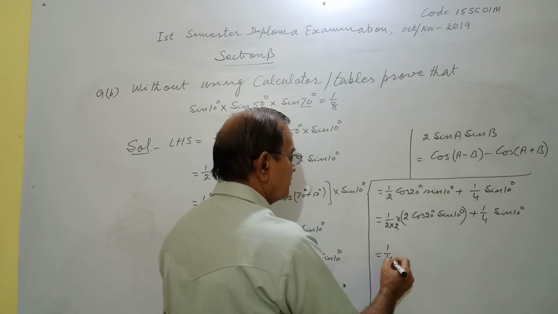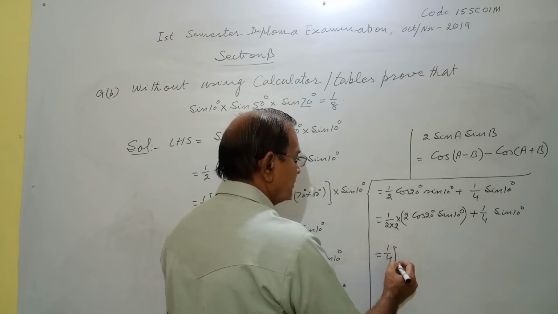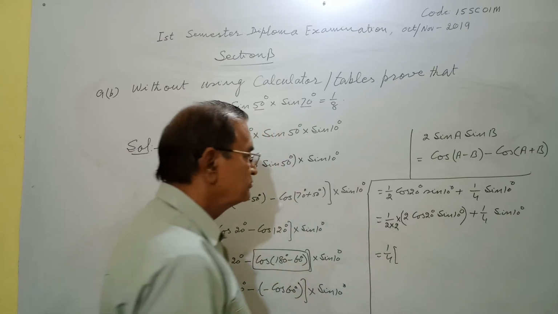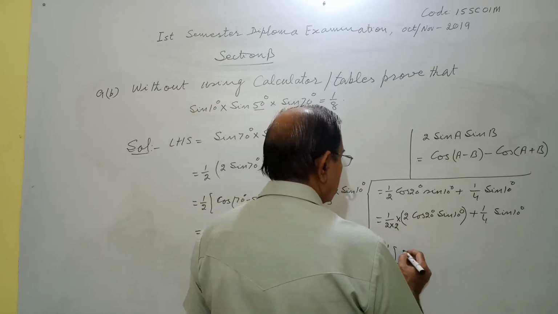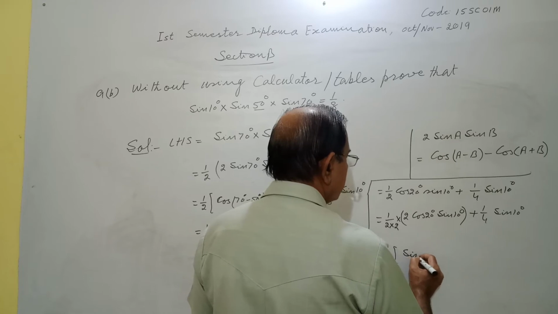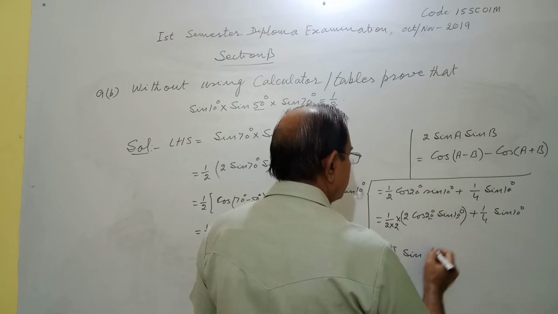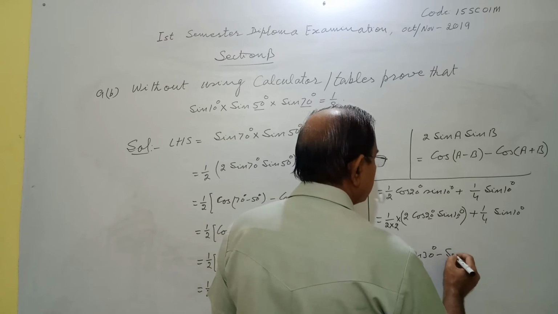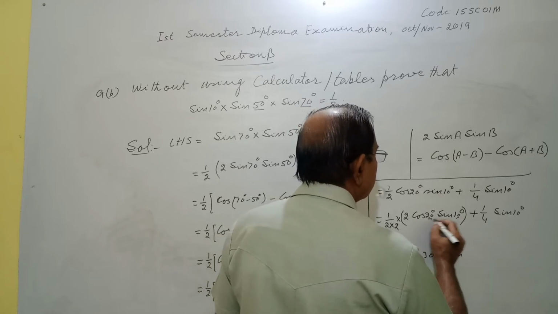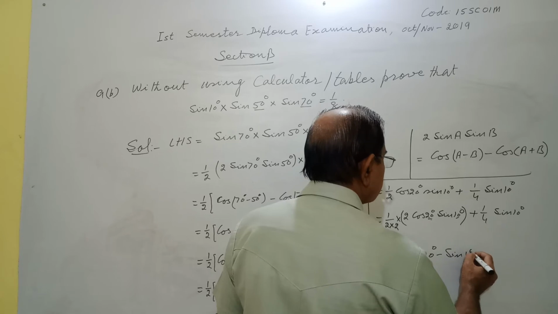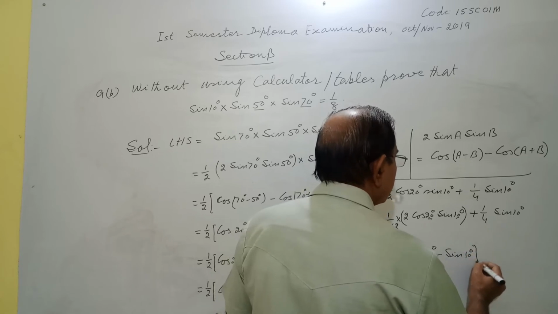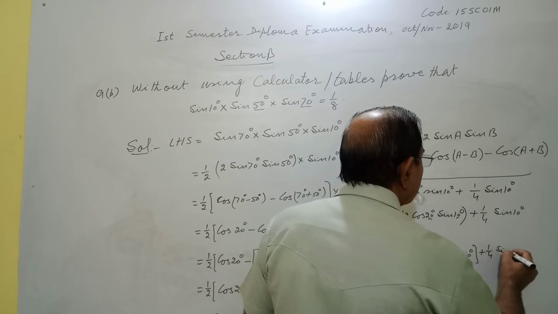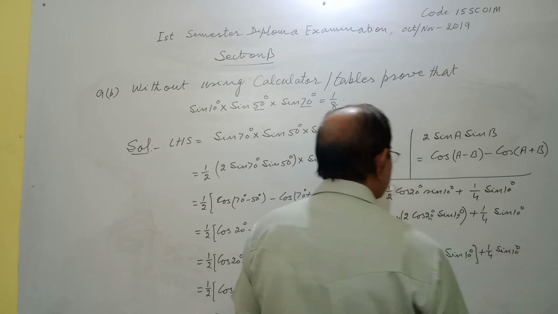Equals 1 by 4 into 2 cos A sin B. The identity is sin A plus B, 20 and 10 gives 30 degree, minus sin A minus B, that is 10 degree, plus 1 by 4 sin 10.